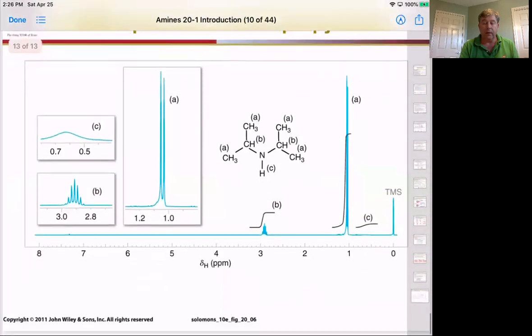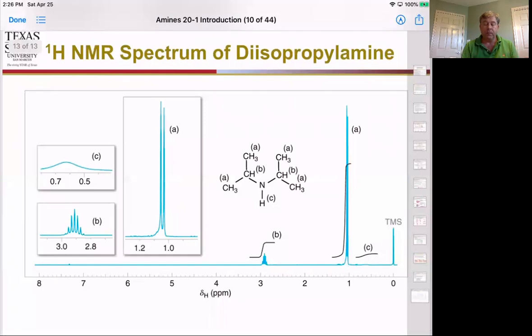So let's take a quick look at this proton spectrum here. What we see here is that we have equivalent hydrogens, and then a separate hydrogen here, but we have this third hydrogen here on this nitrogen.